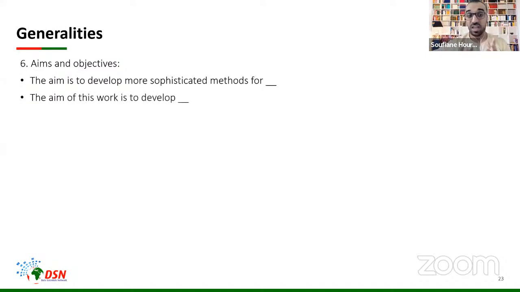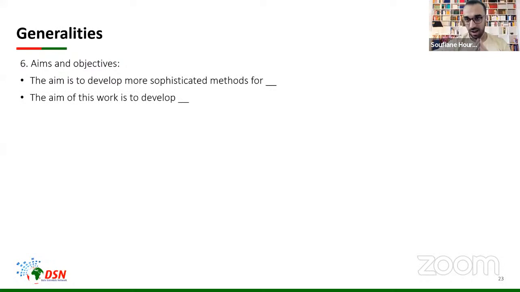Now the aims and the objectives. Here we need to be more specific, with accurate and proficient phrases. The aim is to develop more sophisticated methods. For example, the aim of this work.